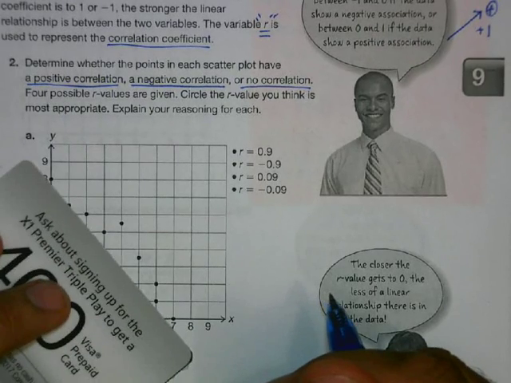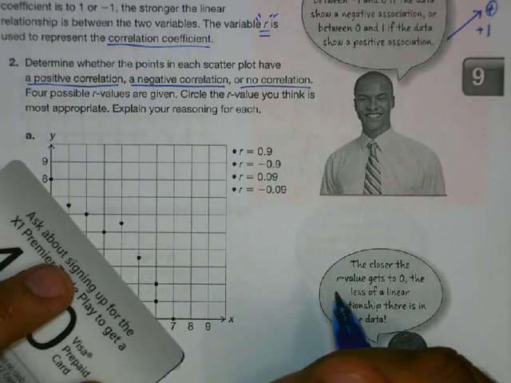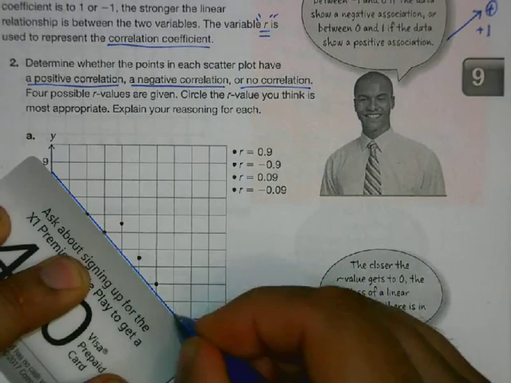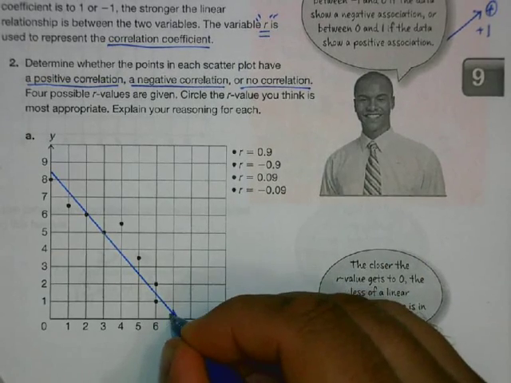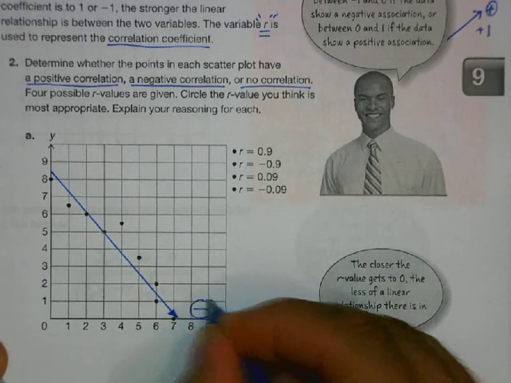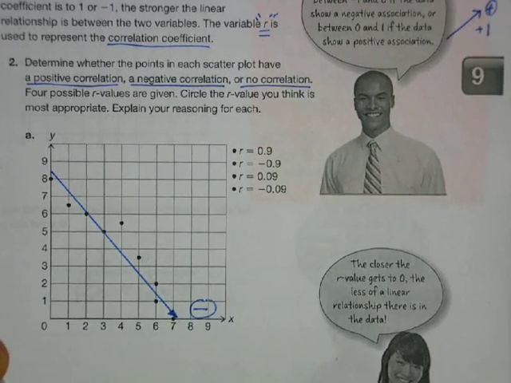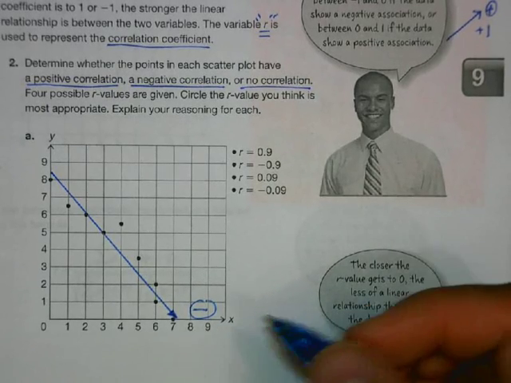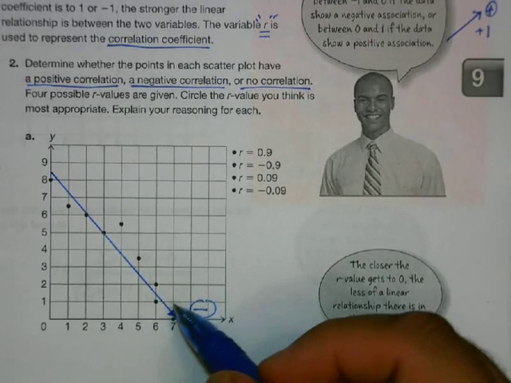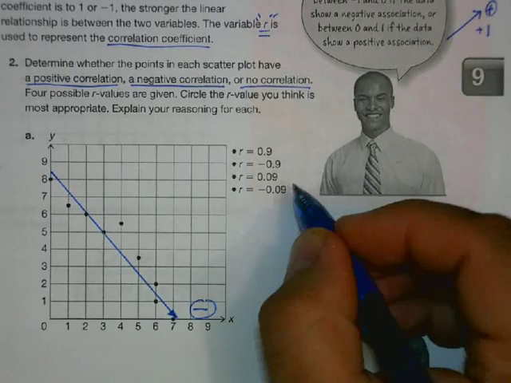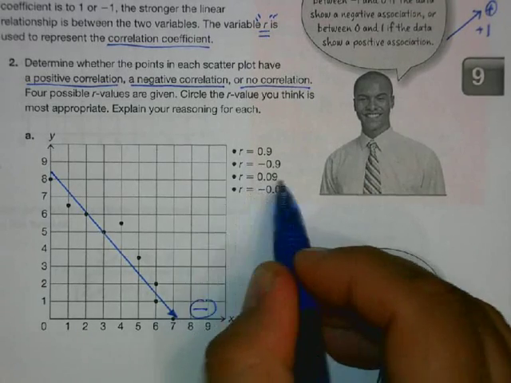So it's not going to be a positive value. This one here is positive, so this is gone. We know this one's out. This one right here is positive, so this one's out. We're not using those. So it's got to be this one or this one. So here's how it works. It's got to be close to -1. -0.9, if I were to round this, this would go up to -1, because you have a 9 here.